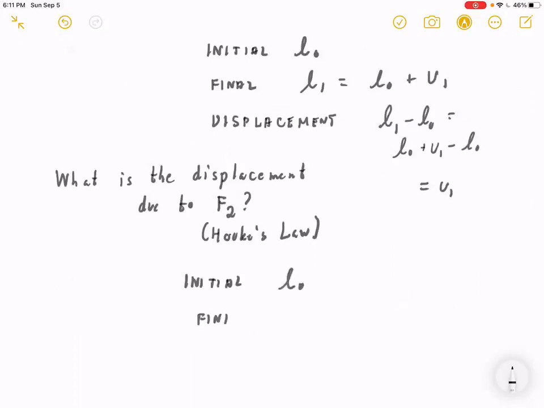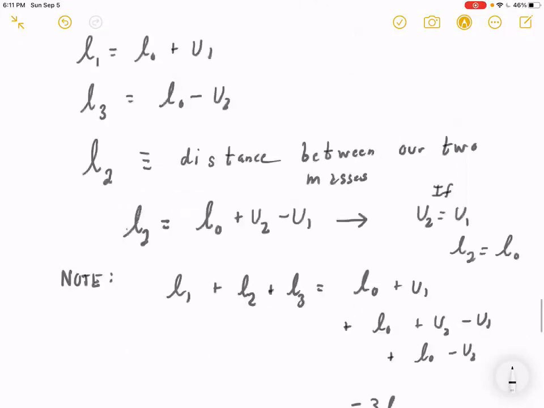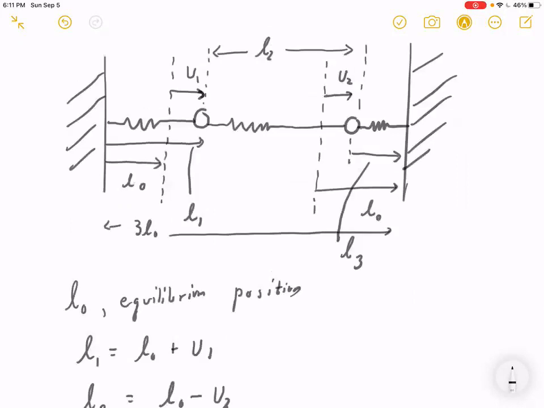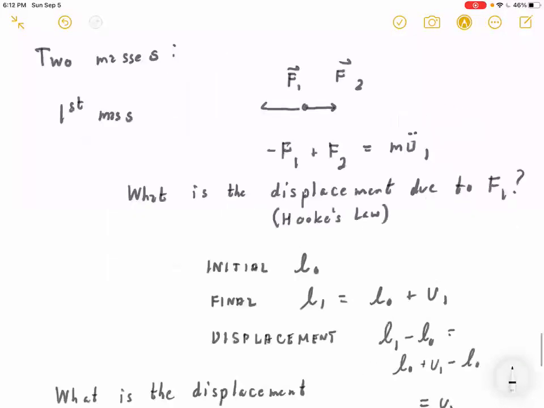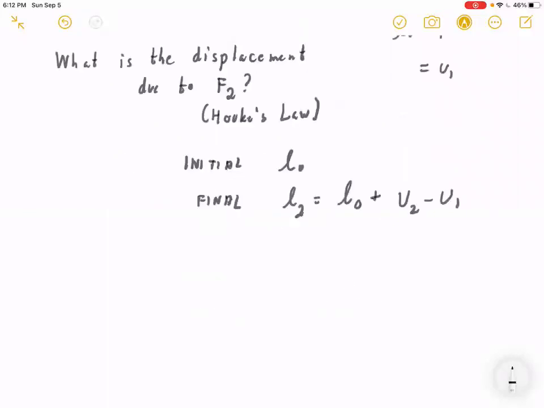The final position of the mass due to the second spring is L sub 2. And that is L0 plus U sub 2 minus U sub 1. So I move that first mass so that it sees a displacement from the second spring. The displacement from the second spring is in fact this.